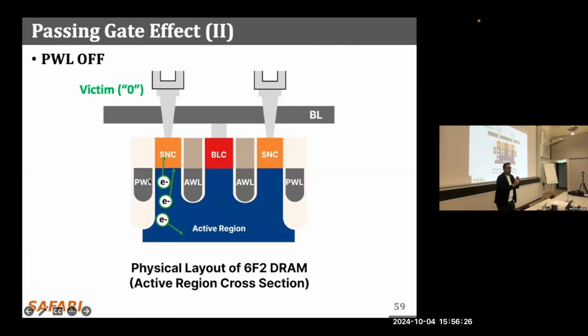Then you observe more bit flips in this row. So double-sided still makes an addition, but single-sided on the passive word line was not really effective to induce bit flips. Again, this is only true for a small subset of the chips that we tested. For the rest, you can just do single-sided from both sides and induce bit flips.